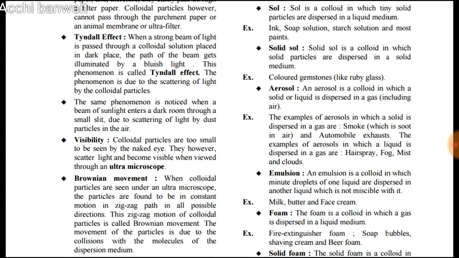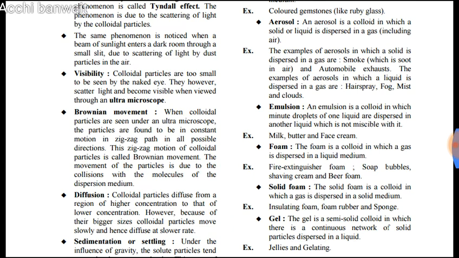Visibility. Colloidal particles are too small to be seen by the naked eye. They, however, scatter light and become visible when viewed through an ultramicroscope. Brownian movement. So do you know what a Brownian movement is? Brownian movement is movement in any direction; they can move freely.